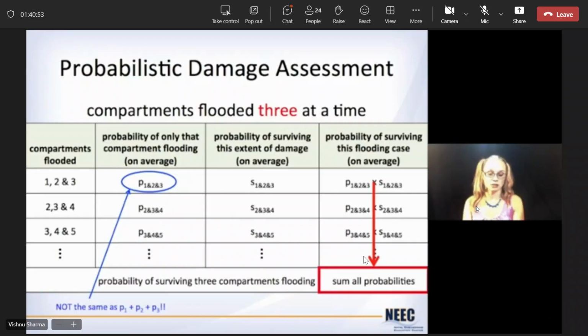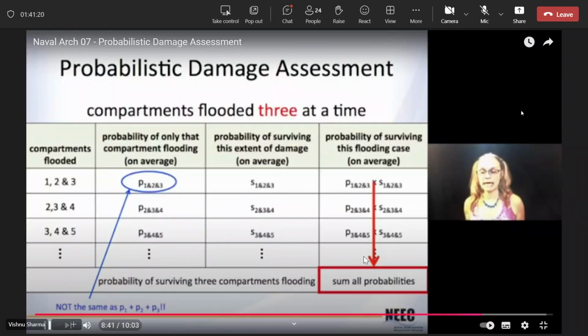Another thing to point out is that the probability of compartments 1 and 2 flooding, or compartments 1, 2, and 3 flooding at the same time, is not the same as just adding up the probabilities of each compartment flooding on its own. So there's a whole lot of probability theory rolled into this that I could maybe do if we had about 6 more videos, but we don't. So I'll leave it at this and say that all of these tables, likely at wherever you work or whatever school you're at, somebody's probably got a version of this already. So you can just get that.